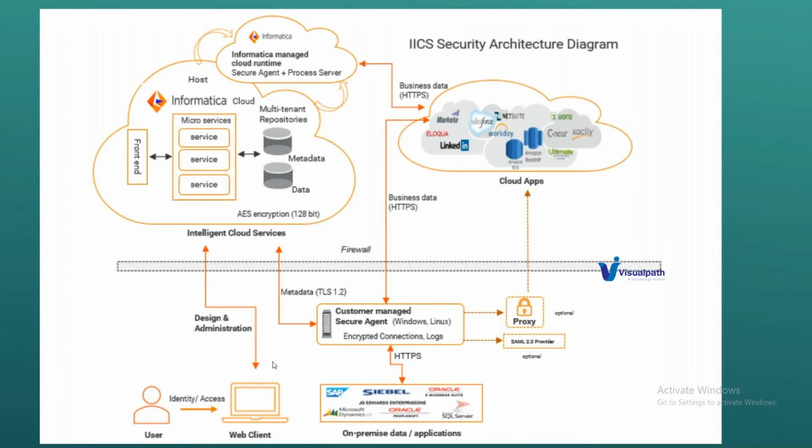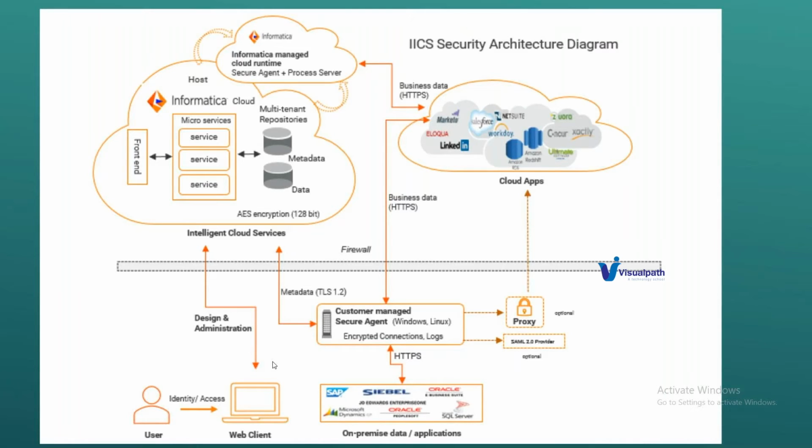Similarly, if you look at the dotted lines, there is a firewall which protects your customer data. It doesn't allow you to transfer the actual data. It only transfers the metadata into the Informatica managed cloud repository, which is managed by the vendor. How are they managing it?